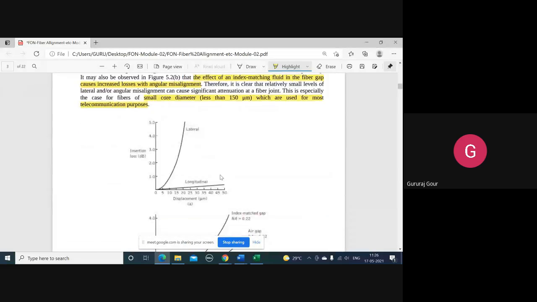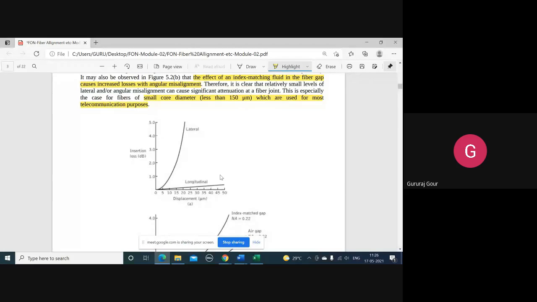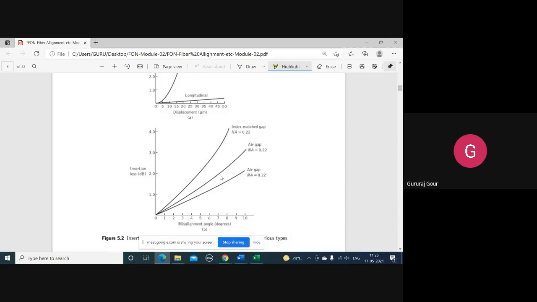From the graphs we came to know that longitudinal misalignment provides less insertion loss and is found to be very much useful compared to lateral and angular misalignments, because lateral and angular misalignments suffer from enhanced insertion losses even if you go with adjacent techniques like using index matching fluids in that gap.